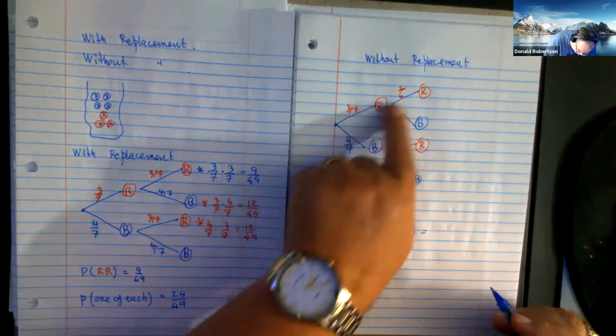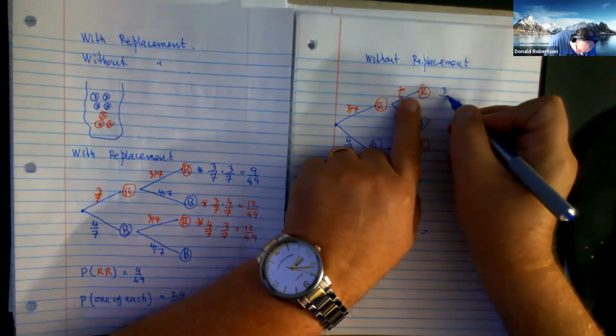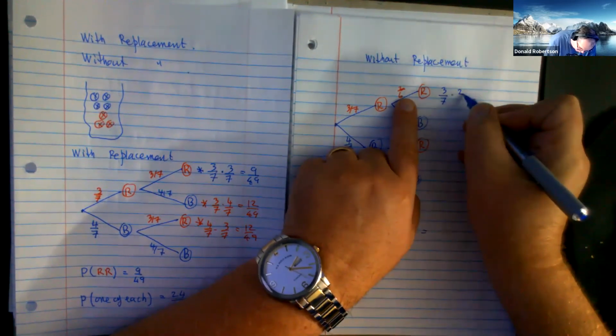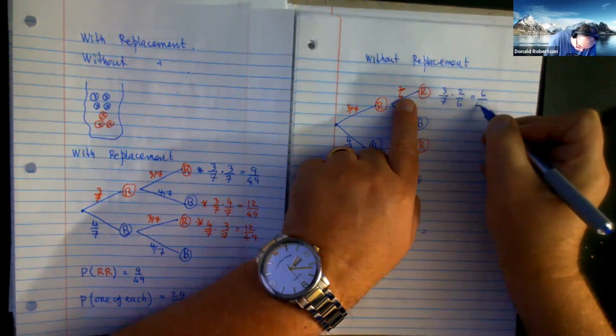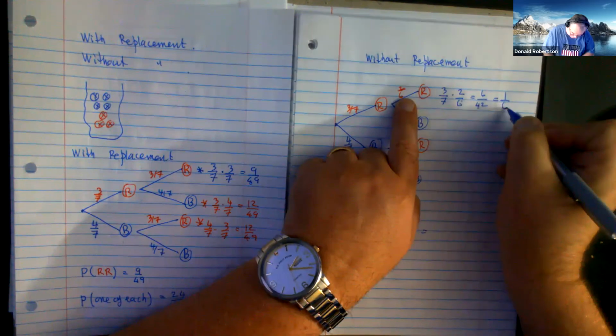The chances that both are red is 3/7 times 2/6, which is 6 over 42, which is 1/6.